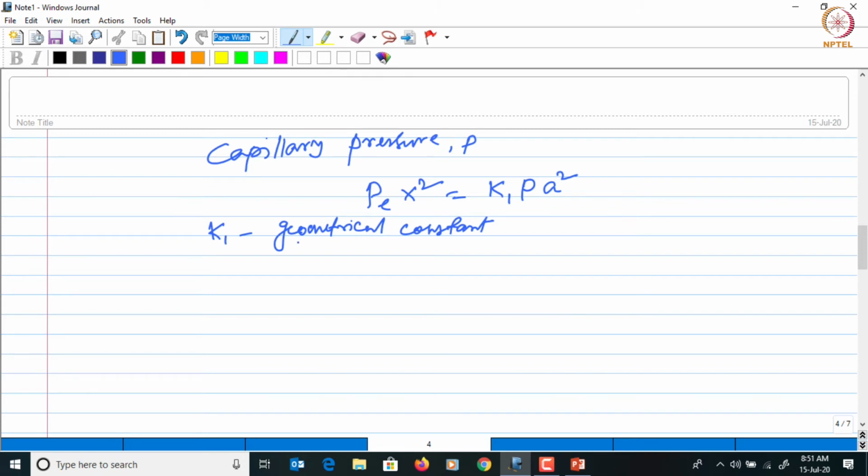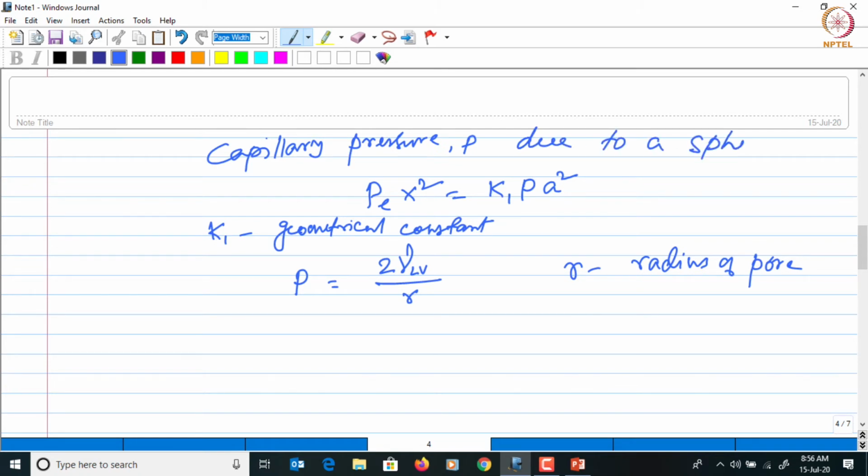And we have seen before that the capillary pressure P is given as 2 gamma_LV by R, where R is the radius of the pore. So this capillary pressure is actually due to a spherical pore in the liquid.